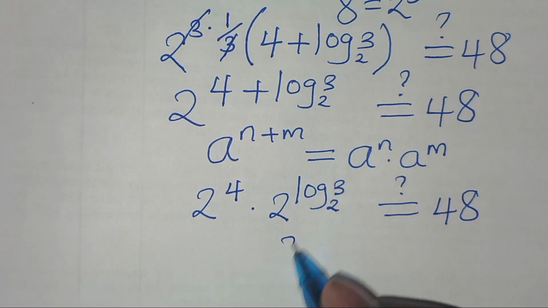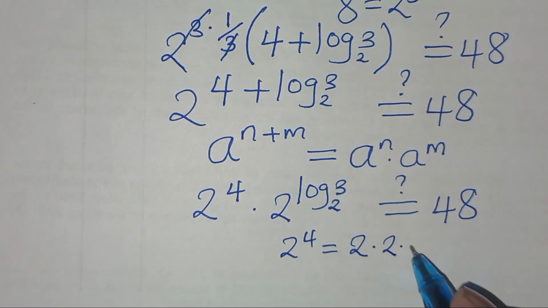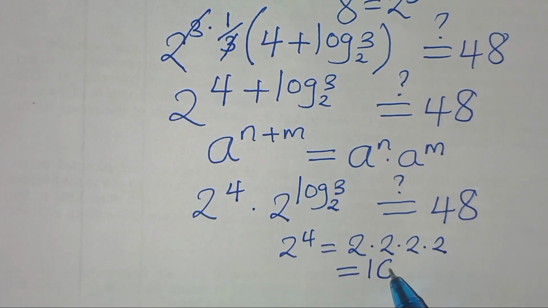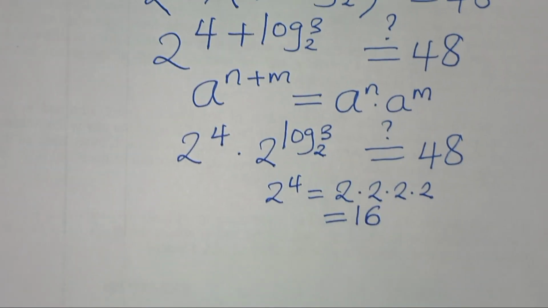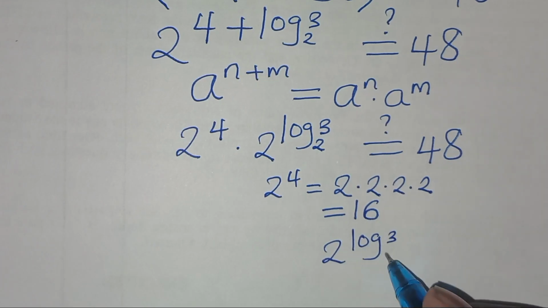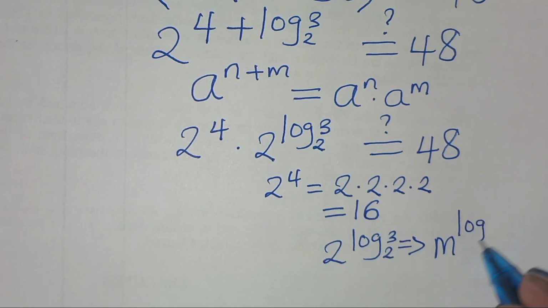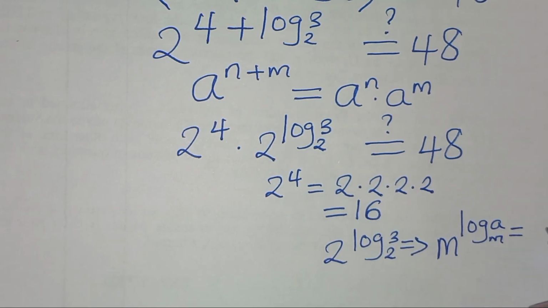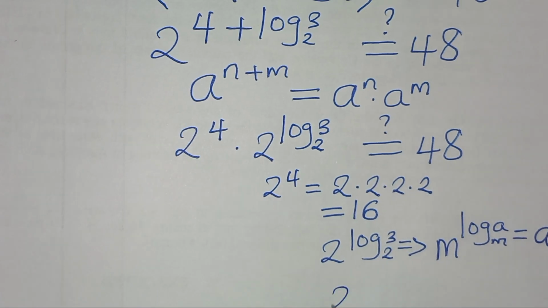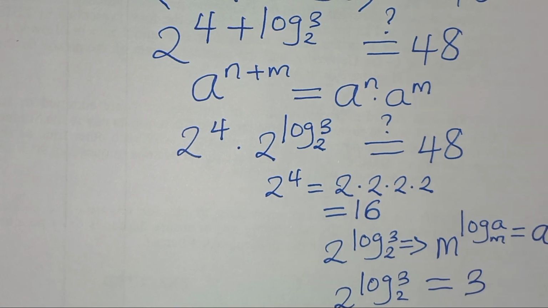Now, 2 to the power 4 is the same thing as 2 times 2 times 2 times 2, and this is equal to 16. And then 2 to the power log 3 to base 2 is in the form of m to the power log a to base m, which essentially gives us a value of a. So this implies that 2 to the power log 3 to base 2 is equal to 3.